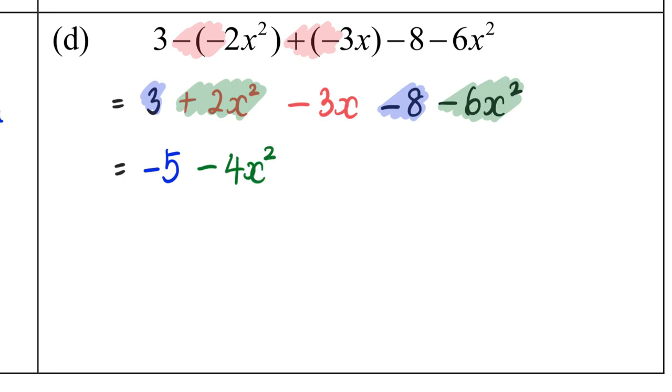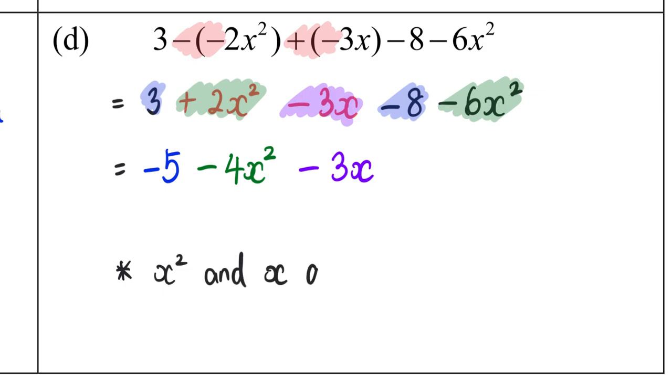And last but not least, there's only one term for the x, and that will be my negative 3x. And do take note that x squared and x are unlike terms, meaning we do not have to simplify them further. And so this will be the final answer.